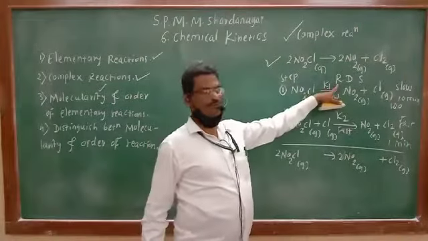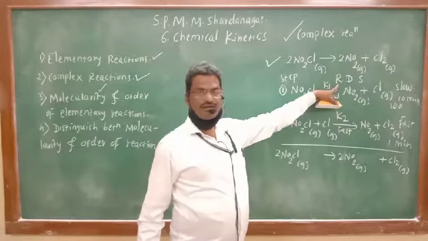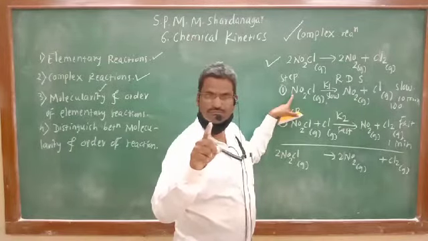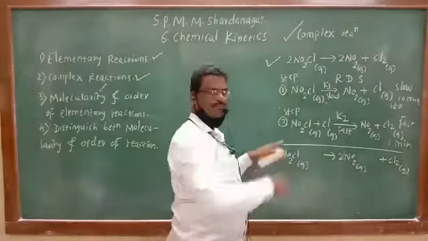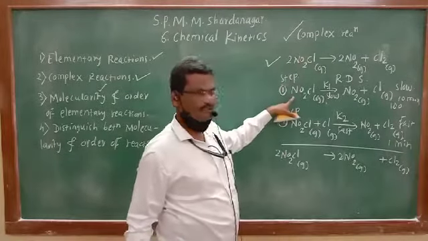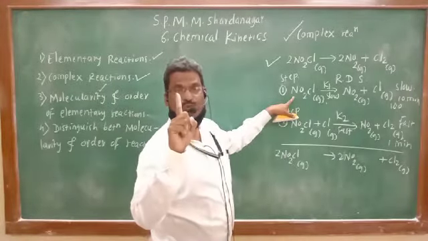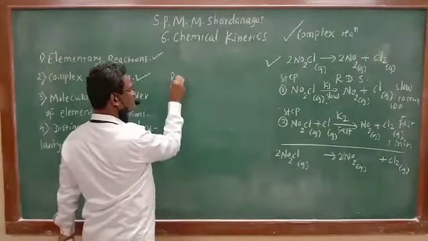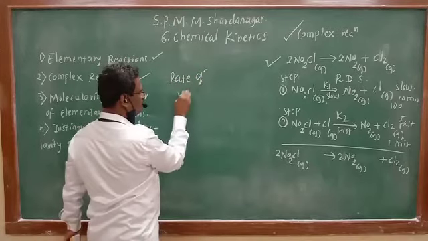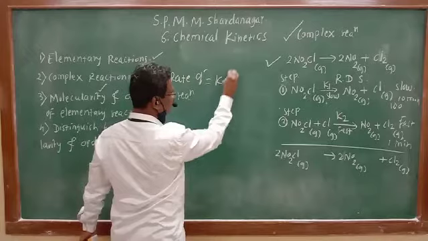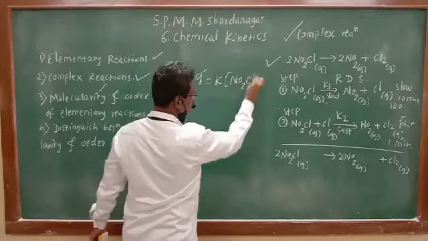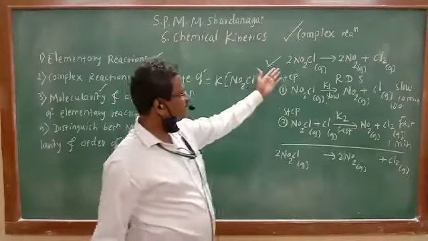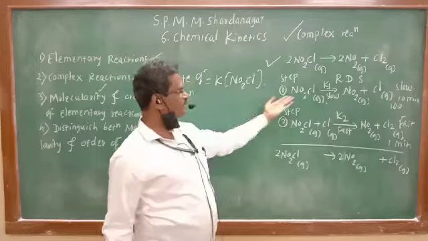But in the RDS, rate determining step, what is molecularity? 1. This is known as elementary reaction. Therefore, for this complex reaction, order of reaction is 1. It is not 2. And rate of the reaction is written like this. Rate of reaction will be equal to K into concentration of NO2Cl. Rate of this reaction depends on concentration of only NO2Cl.